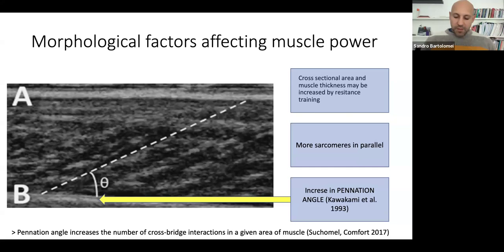Because typically a muscle with a high pennation angle is less indicated for high speed change of direction or sprint. However, we always need to think that the muscle crosses joints, there are leverages, so strength may be more important than the absolute speed of contraction for the final performance of power.